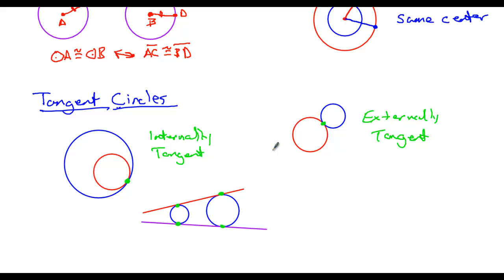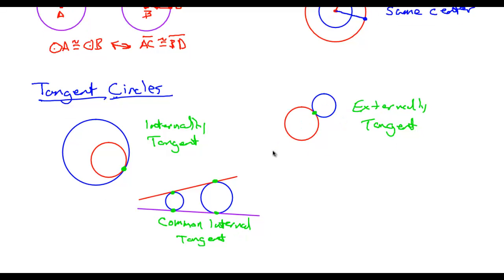So see how they have the same tangent line, but the circles are in between them, and these circles have a common internal tangent. Okay, just vocabulary.